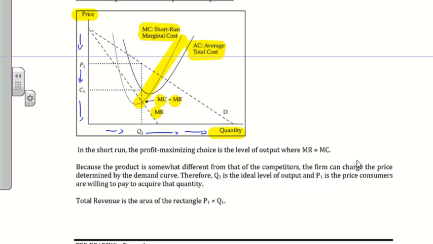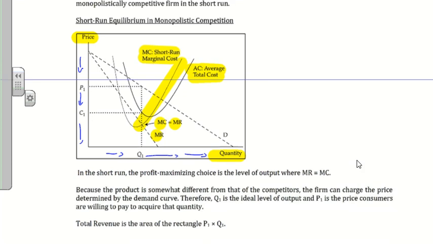Now, something important to notice about monopolistic competition. In the short run, the profit maximizing choice is where marginal revenue equals marginal cost. That's the quantity. How do we achieve that if the products are so similar?